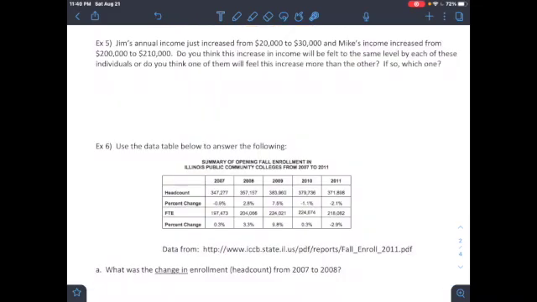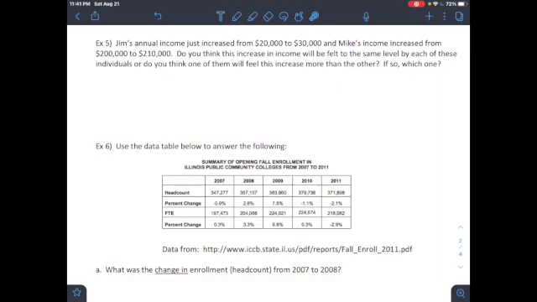Example number 5. Jim's annual income just increased from $20,000 to $30,000, and Mike's income increased from $200,000 to $210,000. Do you think this increase in income will be felt to the same level by each of these individuals? Or do you think one of them will feel this increase more than the other?